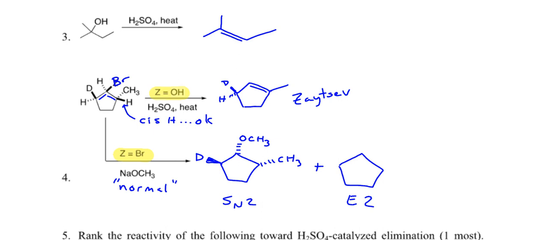The problem here is that you have a cis H. This is a cis H with this bromine. So it has to attack that other H. It can't go with the most substituted, so it has to go on the other side. So it's going to look like this. And this is a little confusing, so you're going to have to really understand the reasoning behind this: the right side is going to be unaffected, and it has to go on this side. So it's Hofmann.